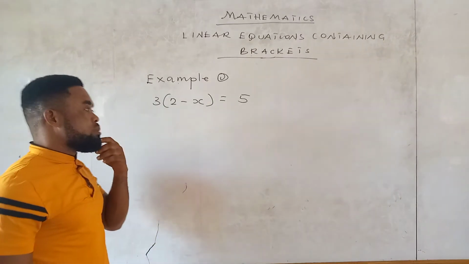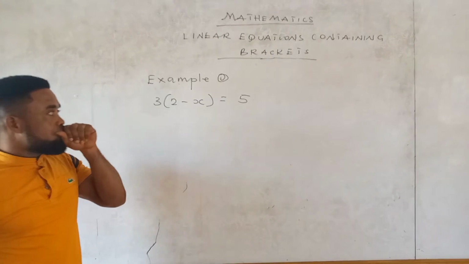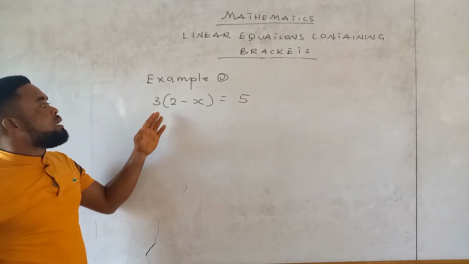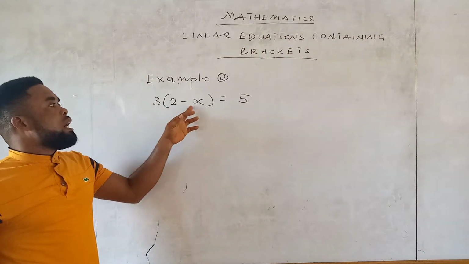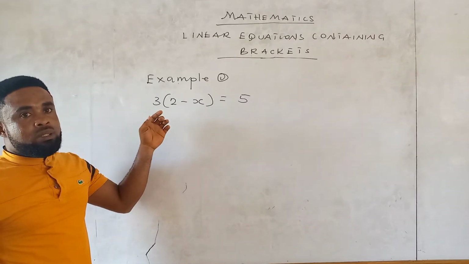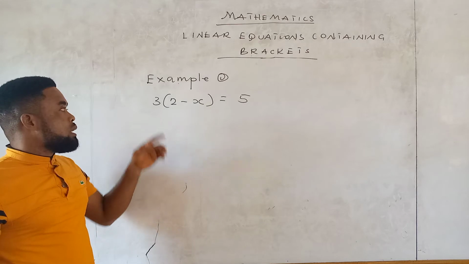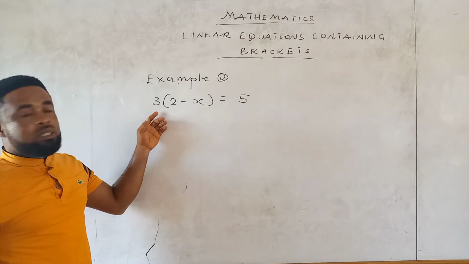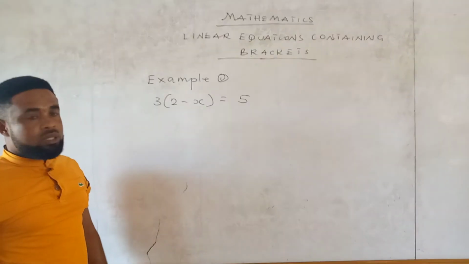It's very simple. What we do is to multiply each term in the bracket. The term outside the bracket must multiply each term in the bracket.